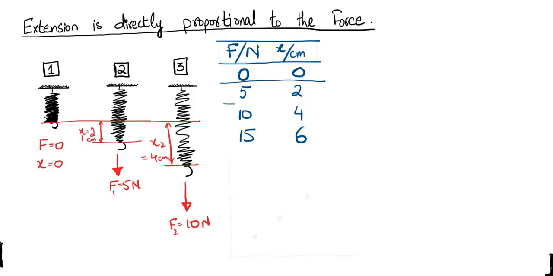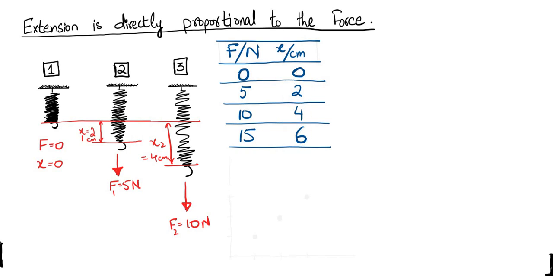Now we have a few values of F and X. Let's say F1, F2, F3, F4. या यहाँ से F1 शुरू करें. This is F1, the force 1 is 5 Newton. And this is X1, X2, X3.